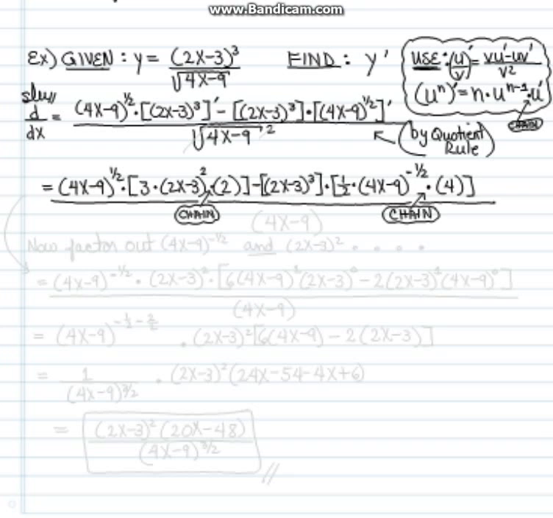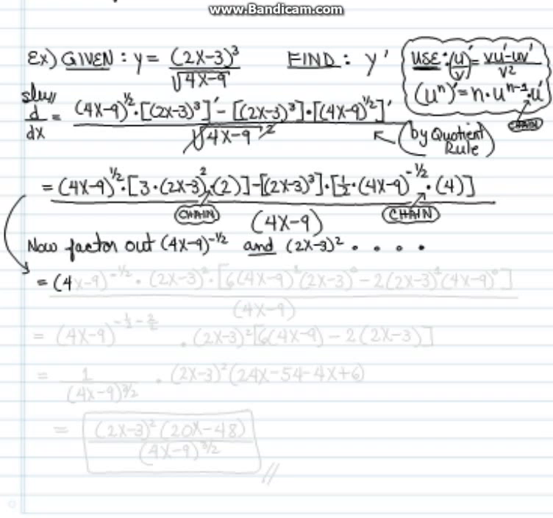Over, now when we squared the bottom, that obliterated the radical sign, so it's just 4x minus 9. Okay, now we're going to try to simplify this. We're going to factor out 4x minus 9 to the negative 1/2 power because it is a common factor in the numerator. And we're also going to factor out 2x minus 3 to the second power.